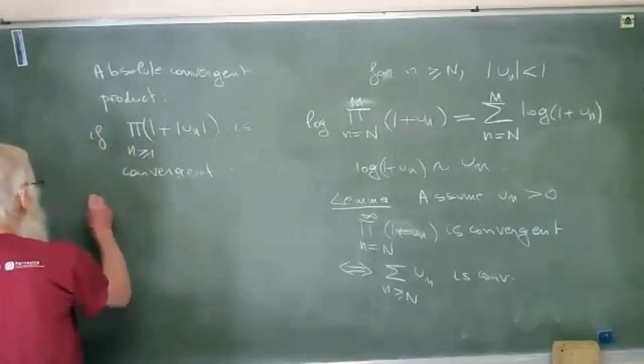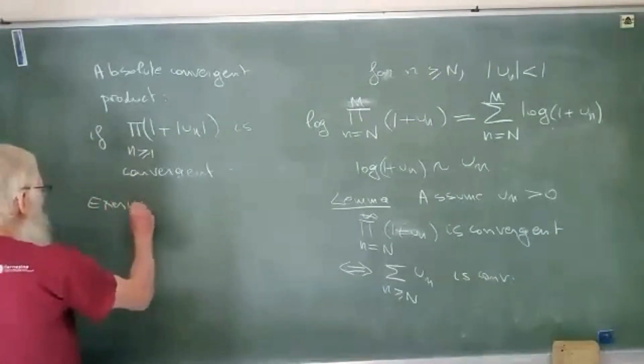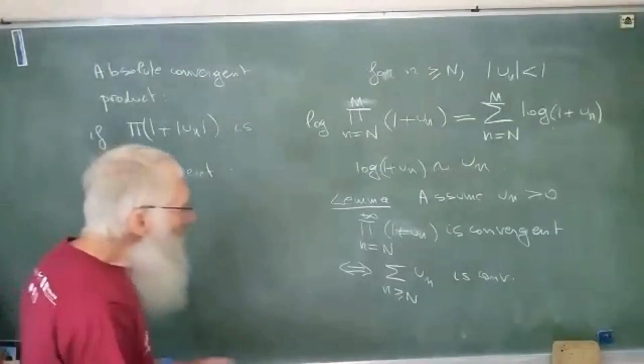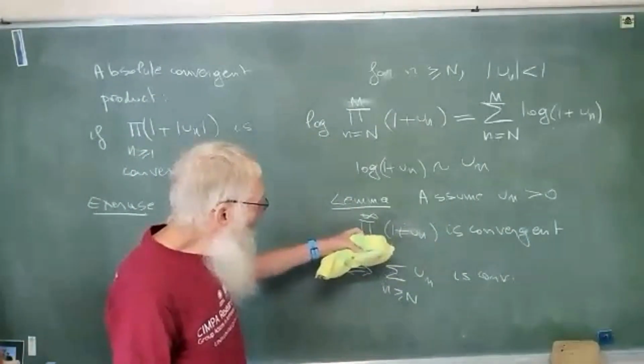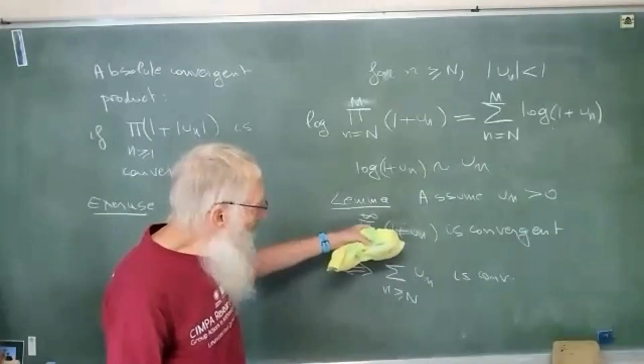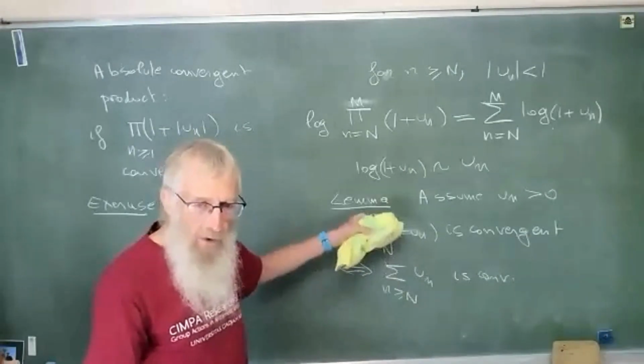So exercise. I remove the condition that un is positive. And then we can have an example where this is convergent and not this one, and conversely.